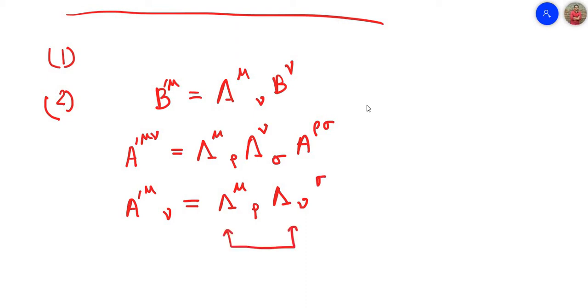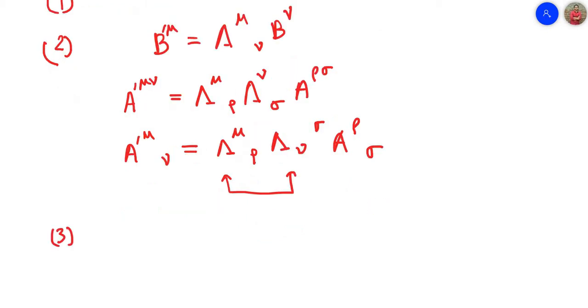Notice that these 2 are opposite kinds of Lorentz transformation matrix, and they'll be contracted with A rho sigma.